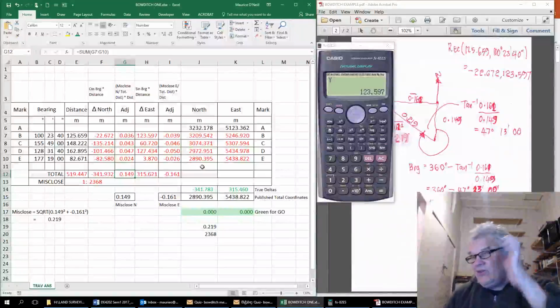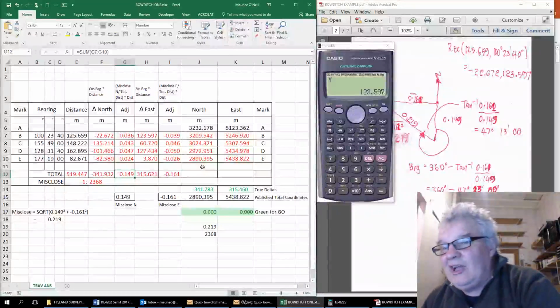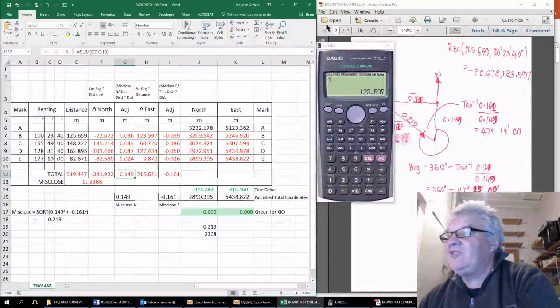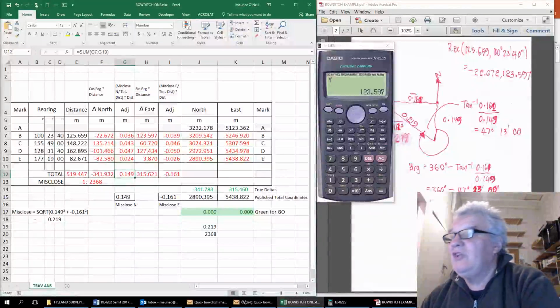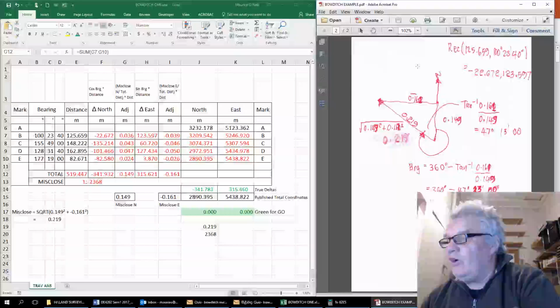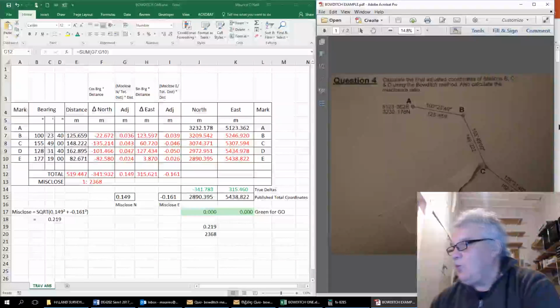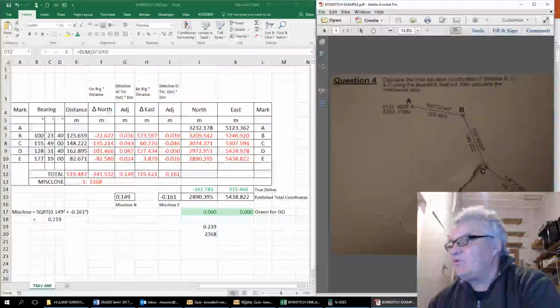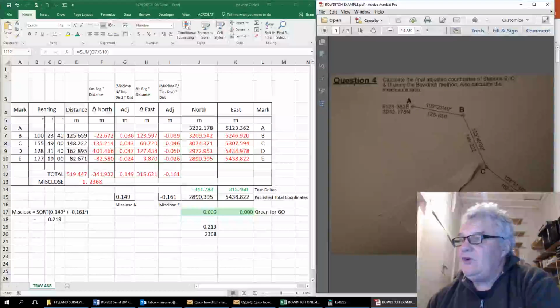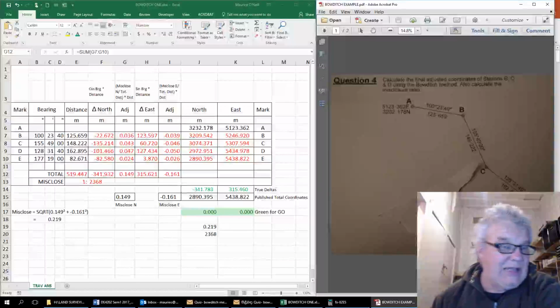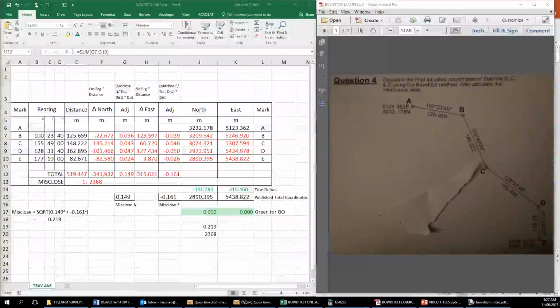However, it's not uncommon to get larger miscloses in a link traverse because obviously it's not your own work, it's someone else's work, and the coordinates could be sourced from different areas. So when you are working with a link traverse, sometimes large adjustments come about.